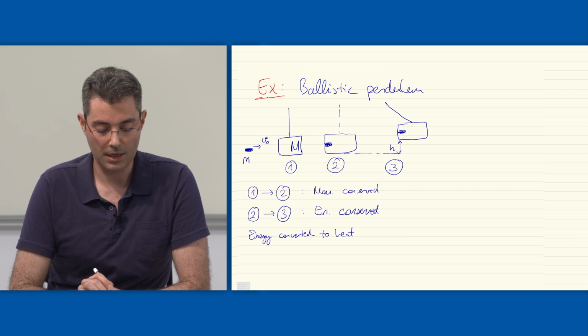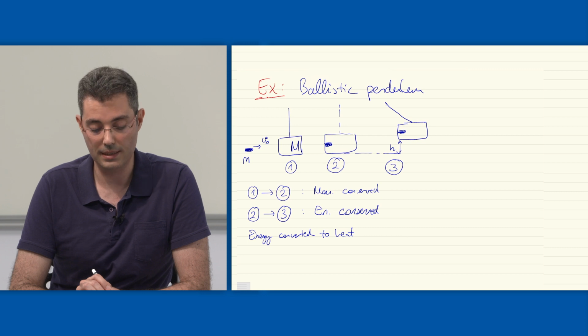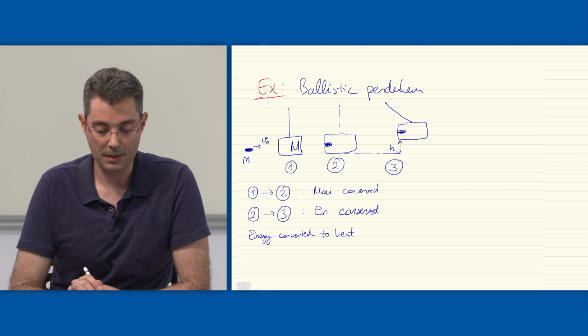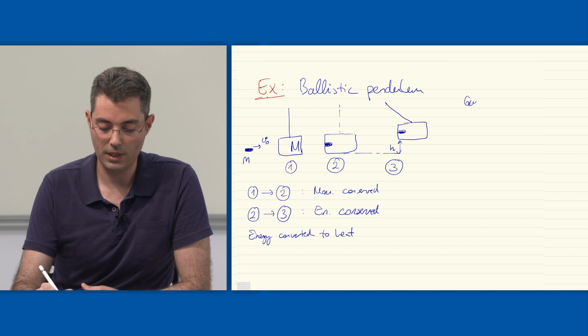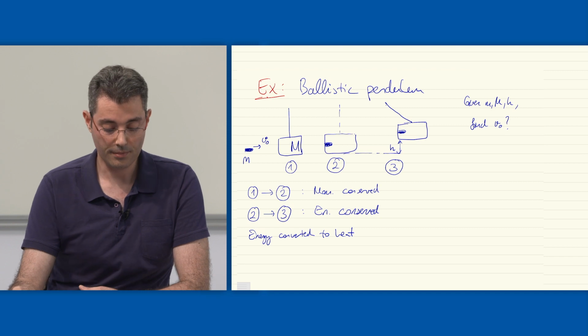It will get stuck in it, so it will be a completely inelastic collision. After that, you can measure how high this pendulum rises. Let's say it rises an amount h from its initial height, and we are asked to find, given these masses and the height, the initial velocity of the bullet.